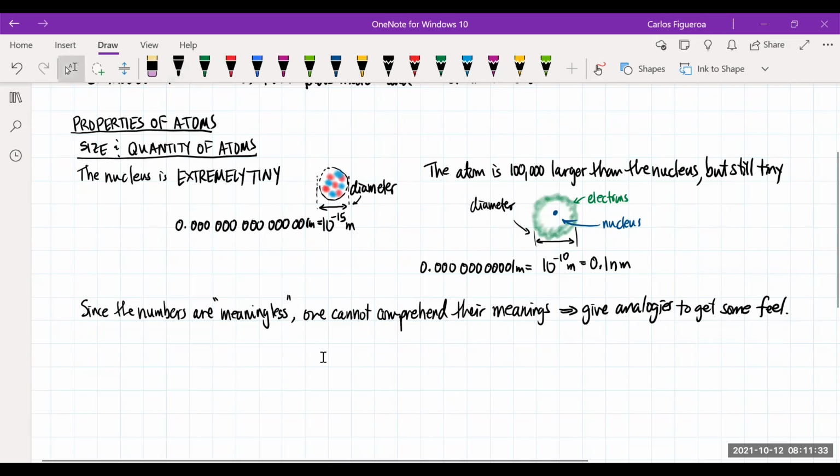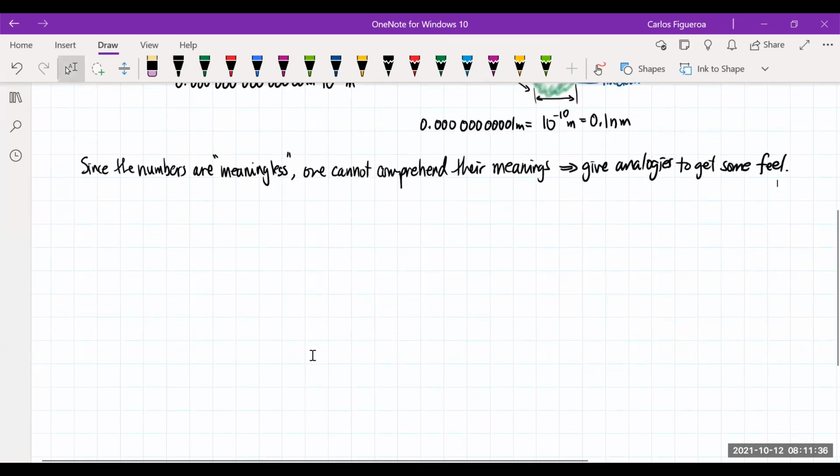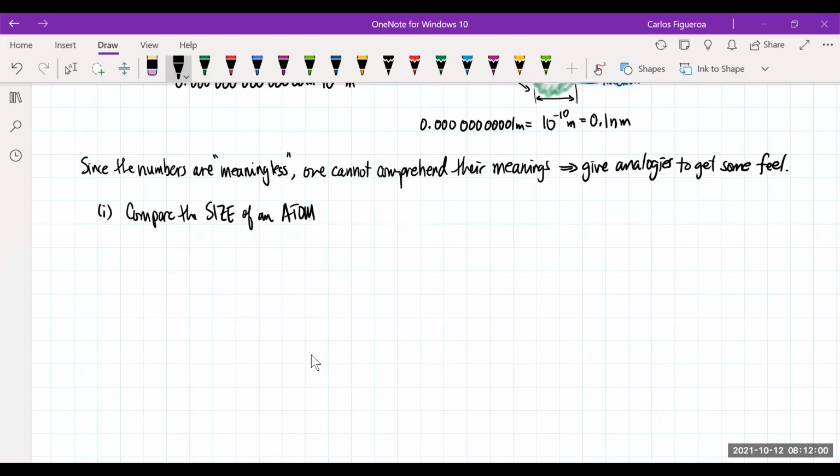Here are some of my favorite ones. There are lots of them. I'll give you 3 or 4 just so you get a sense of it. The first one I want to do is this: if you compare the size of an atom to an apple, we would expect there'd be a lot of atoms in an apple.